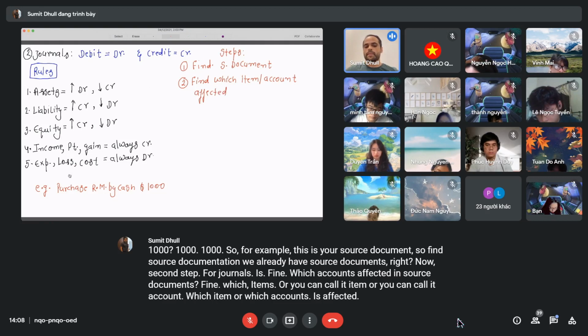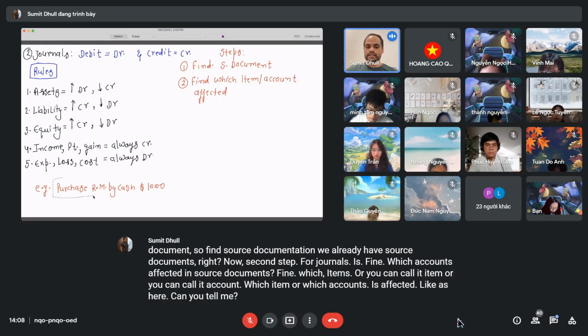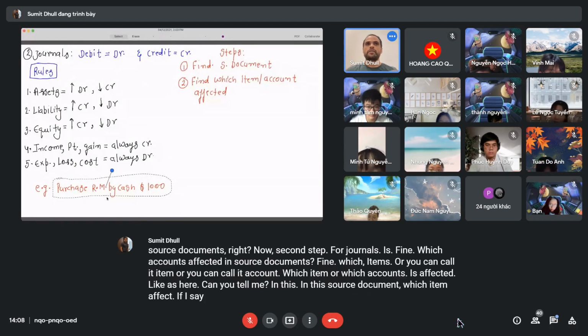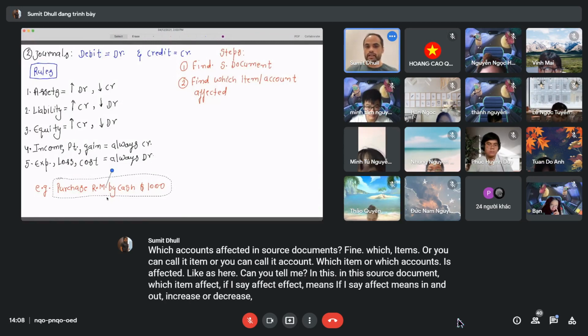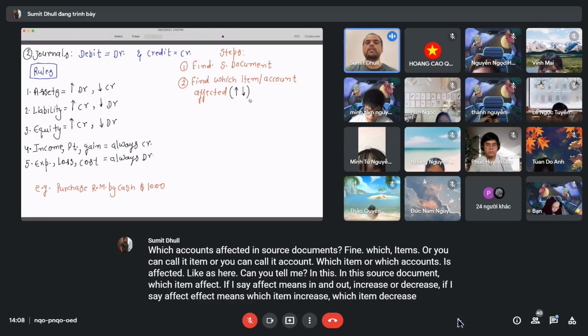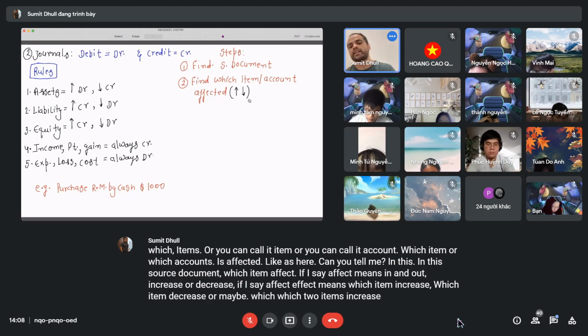Like here, can you tell me in this source document which item is affected? If I say affect, it means increase or decrease: which item increases, which decreases, or maybe both items increase or both decrease.